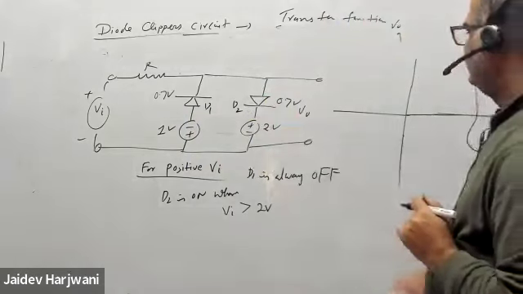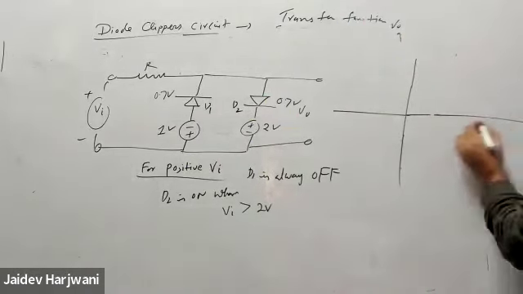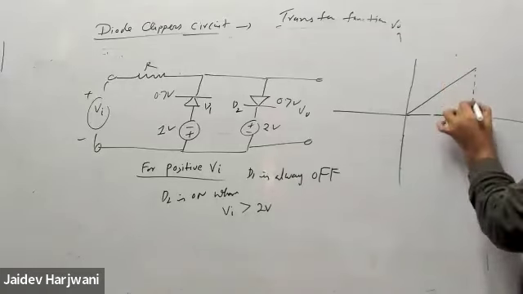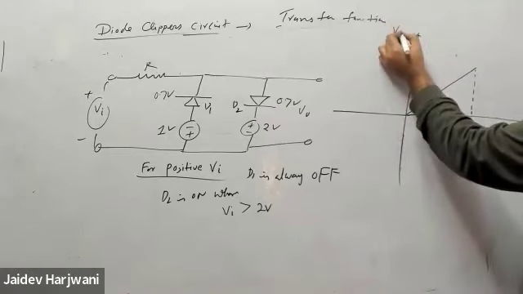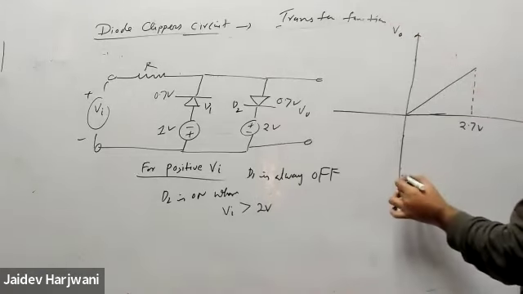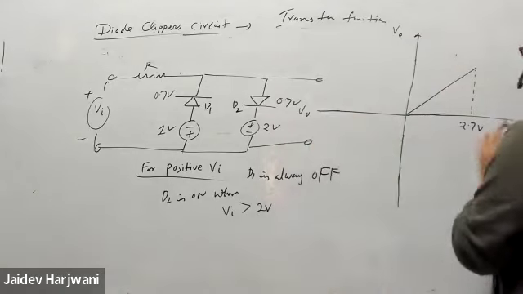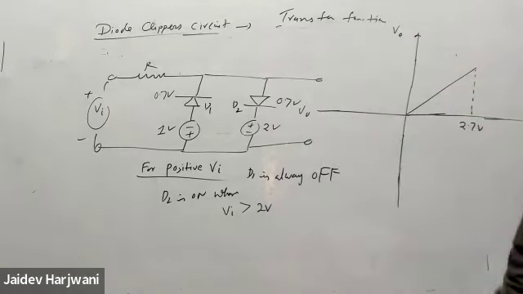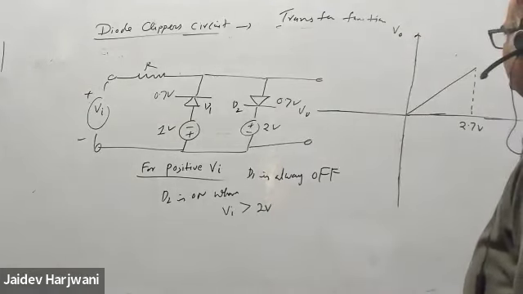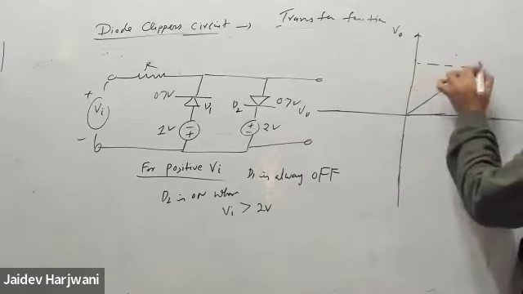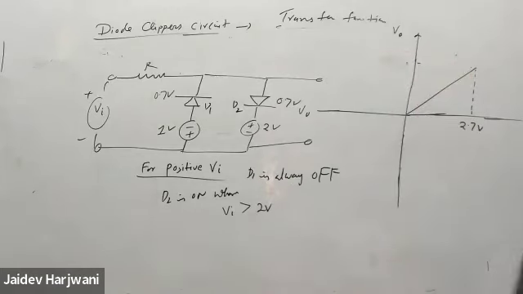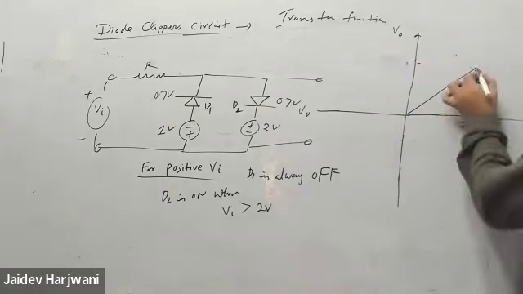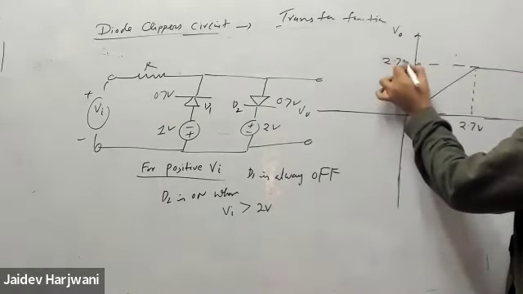So up to 2.7 volt, V output follows the input. And after that, once it is greater than 2.7 volt, the voltage will be fixed at 2.7 volt.